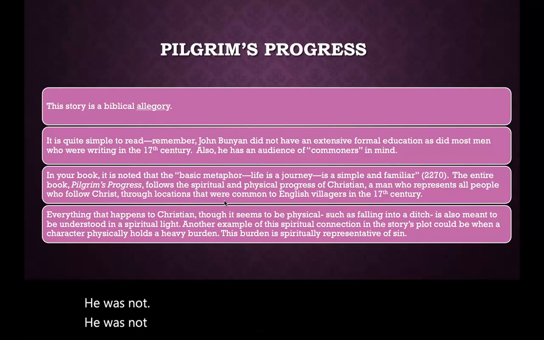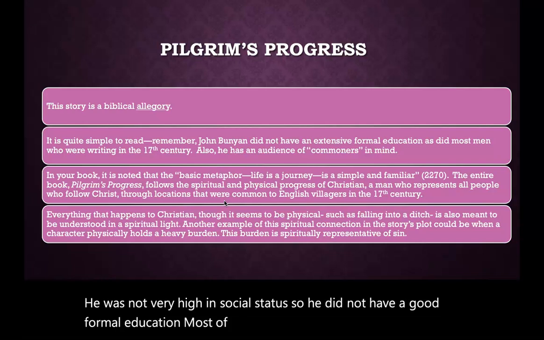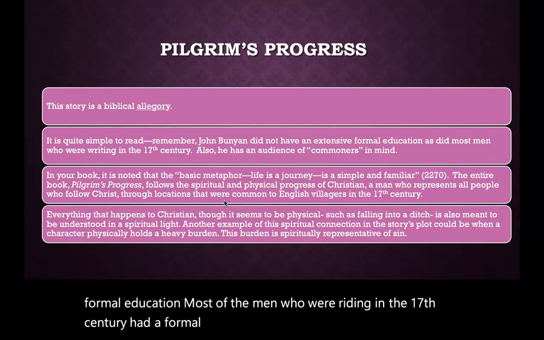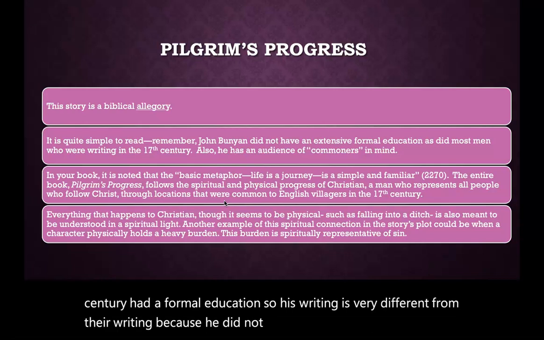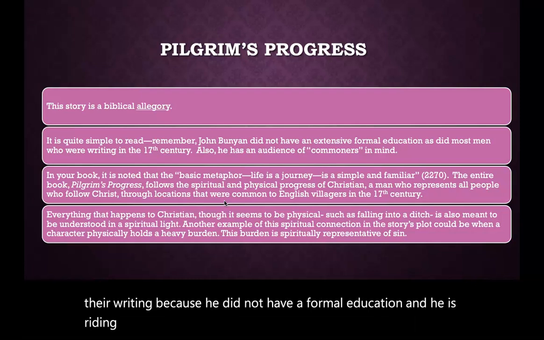John Bunyan was not very high in social status, so he did not have a good formal education. Most of the men who were writing in the 17th century had a formal education. So his writing is very different from their writing, and he is writing to a different audience.